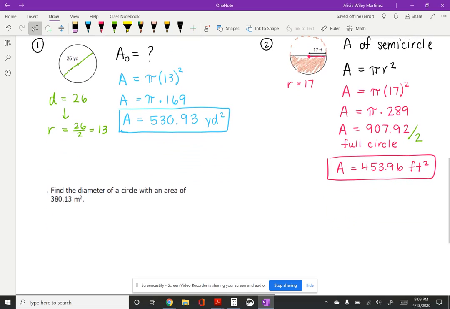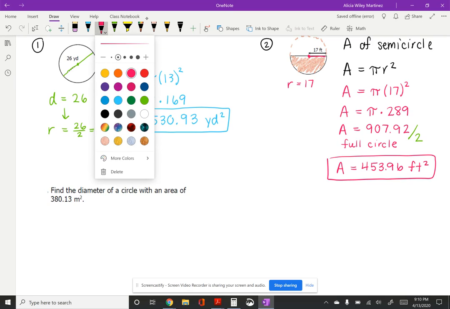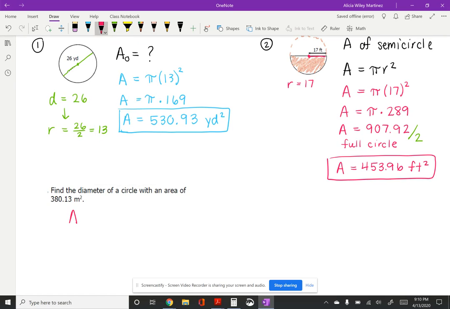Sometimes what they're asking you for is not the area, but you use that formula to get to your answer. So in this example here, it says find the diameter of a circle with an area of 380.13 meters squared. And so for this problem here, I know we have area equals pi r squared.